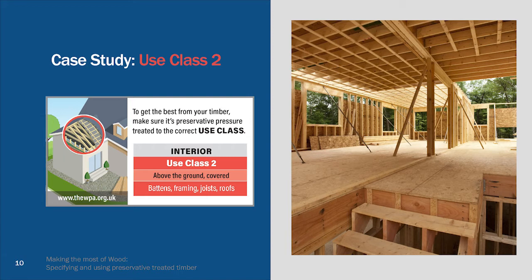So preservative treatment is still recommended. NHBC, for example, specify that all structural timbers in timber frame structures must be treated to use class 2 for this reason. Common use class 2 treated components have a minimum preservative retention requirement to offer a 60-year desired service life.